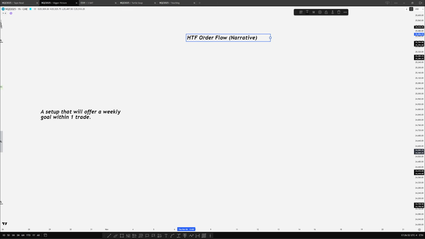It's going to be incorporating the economic calendar. We're also going to be framing the PD array matrix and higher time frame arrays that are going to be used. And basically trying to determine a likely weekly profile.